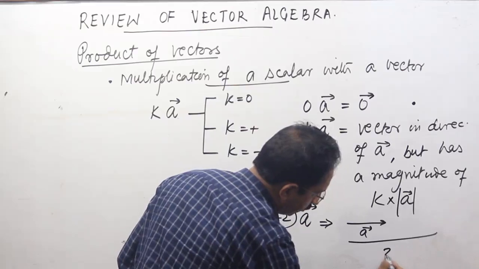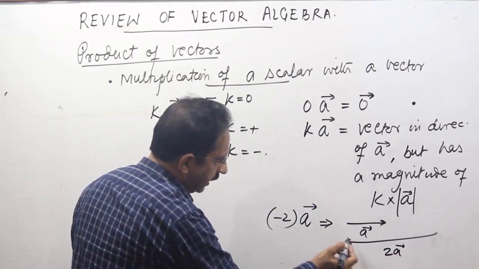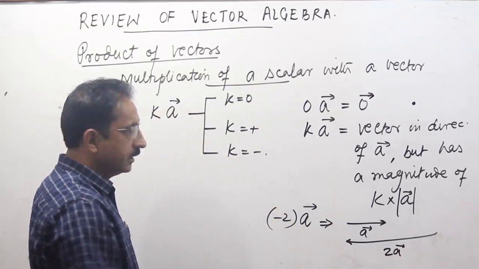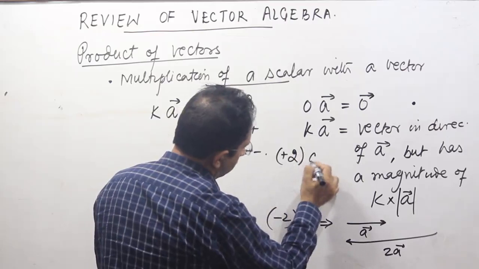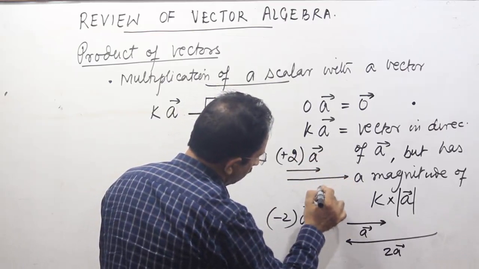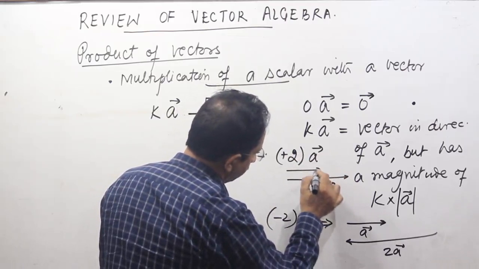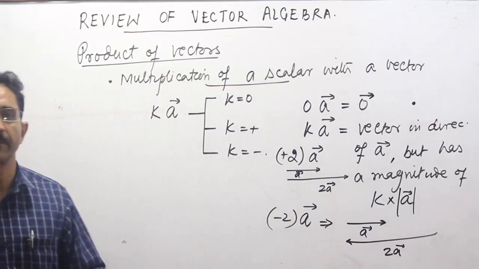This is 2A, but its direction will get reversed. The minus sign will reverse the direction. If this was vector A, then this is 2A, which will be magnitude-wise twice the magnitude of vector A.